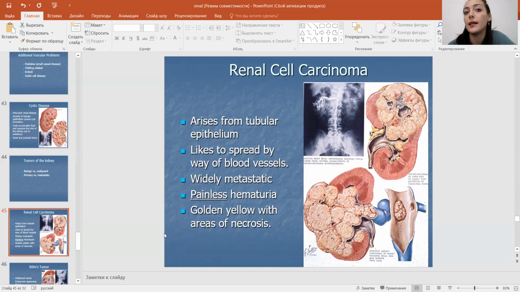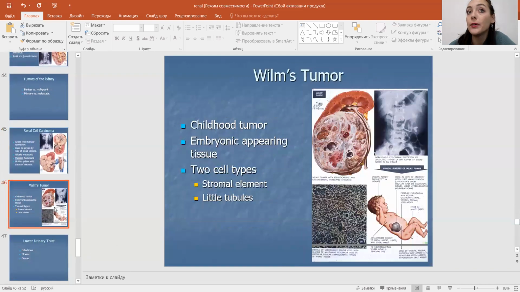Golden yellow with areas of necrosis. Wilms tumor or nephroblastoma. It is embryonic-appearing tissue with two cell types, stromal element and little tubules. Little tubules you can see.